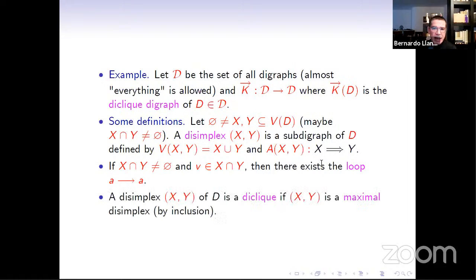We take these simplex, disimplex, which are really some kind of bipartite complete subdigraphs, and we take the maximal ones, as in the case of cliques, and we say that these are the cliques.